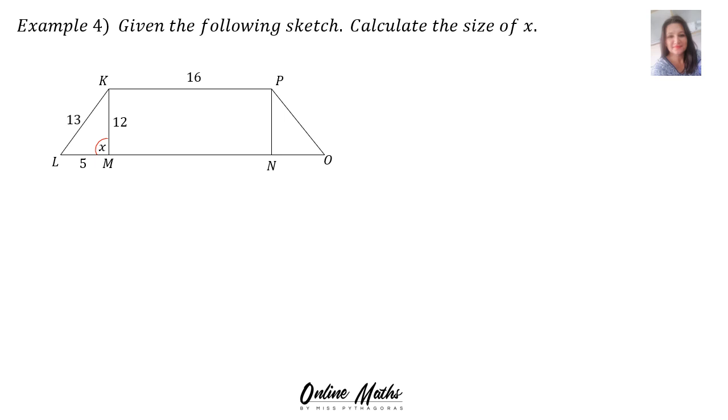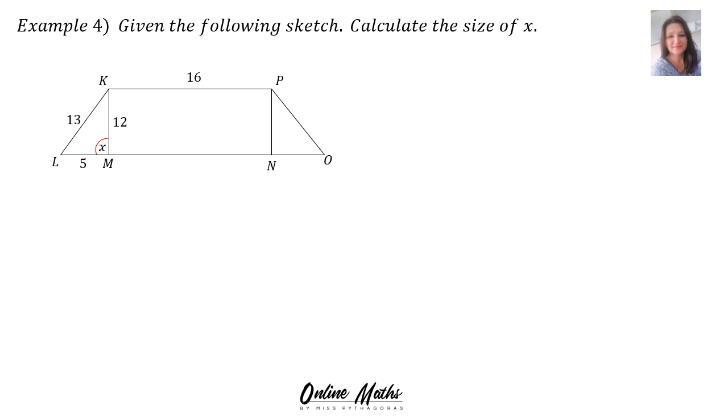If you look at triangle KLM, you can see that it's a triangle with the lengths of 3 sides given. So let's see if we can do the opposite of the theorem of Pythagoras, then maybe this will be a right angle triangle, and then we will know that angle X is 90 degrees.